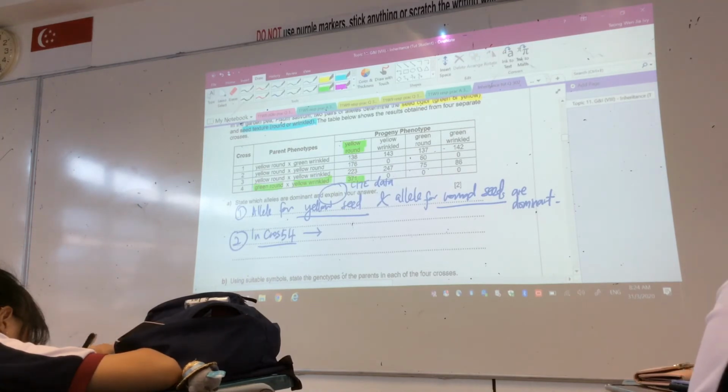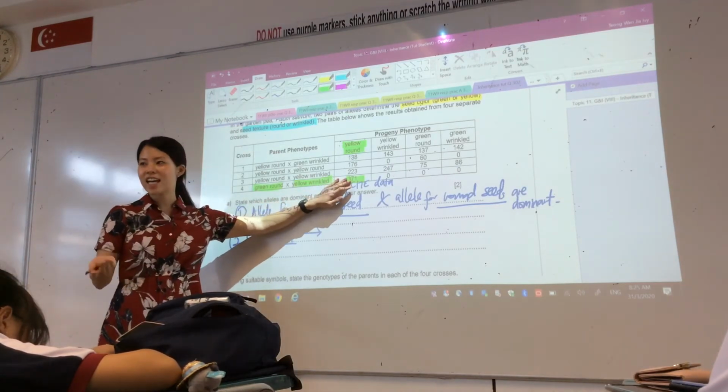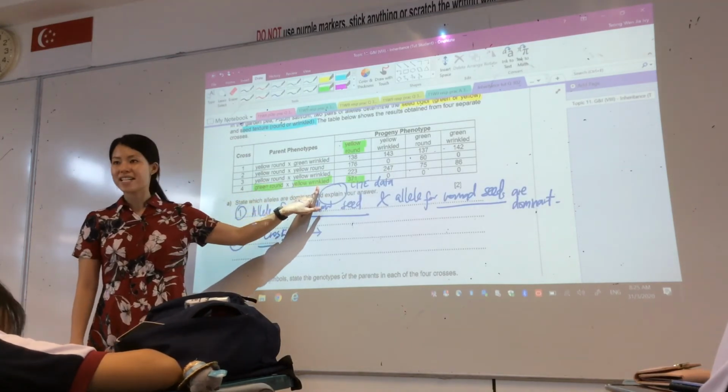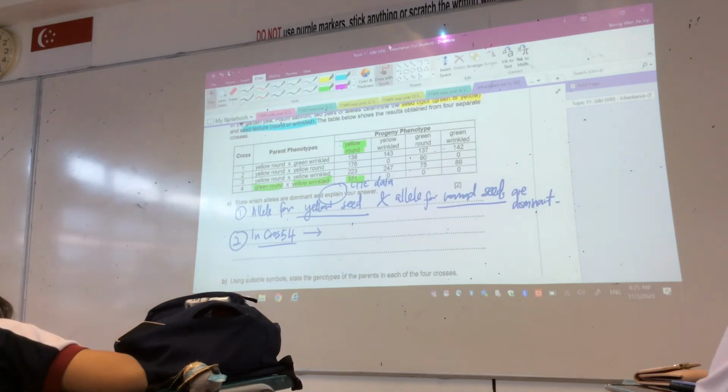So what does this show? That it is fully expressed. On the other hand, you can say that the green and the wrinkled has to be recessive, so it doesn't appear in the F1 generation.